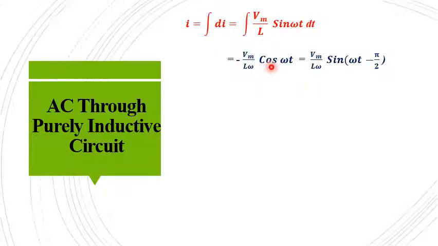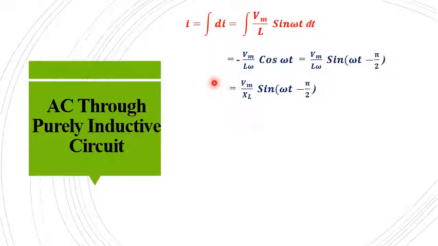And here we have another term in the denominator, L omega. I am putting L omega as XL, the inductive reactance. This L omega is actually the opposition given by the inductor to the flow of current. So this is known as the inductive reactance, XL, equal to L omega.